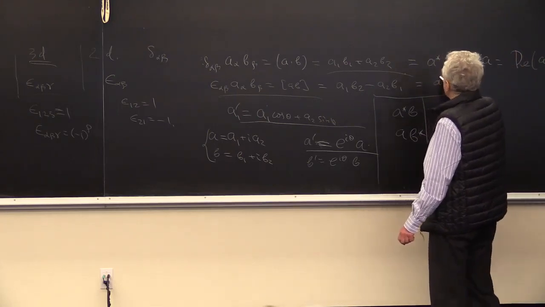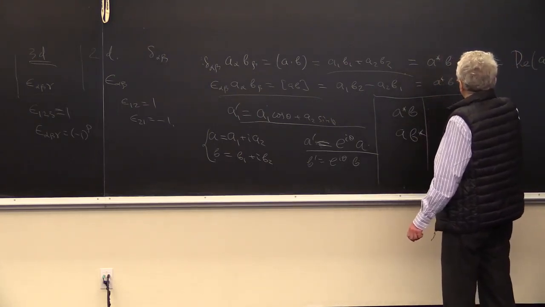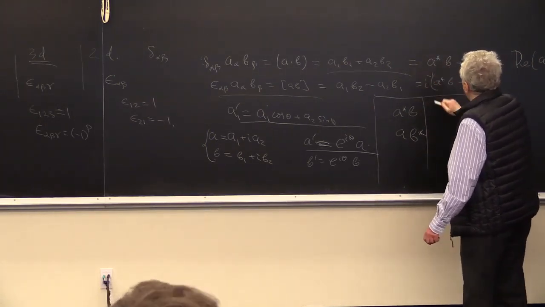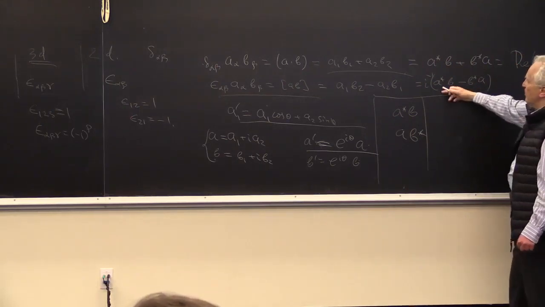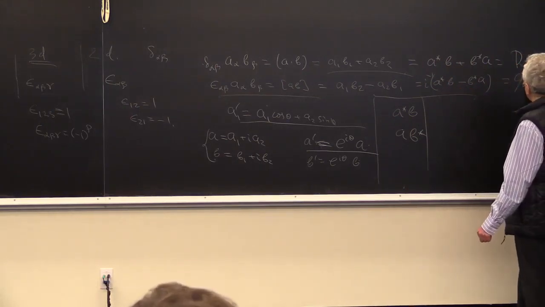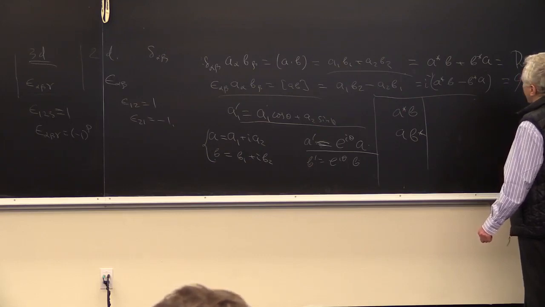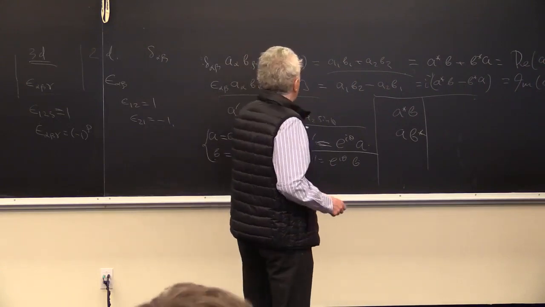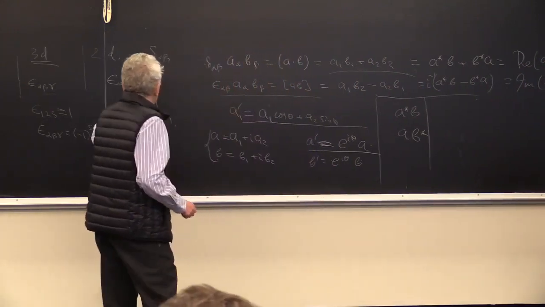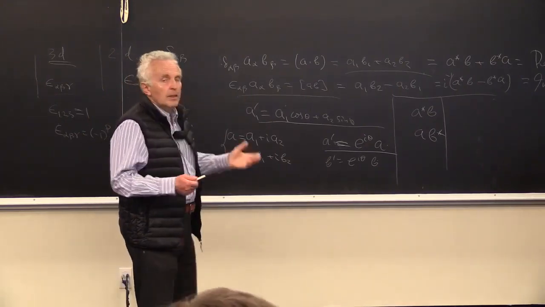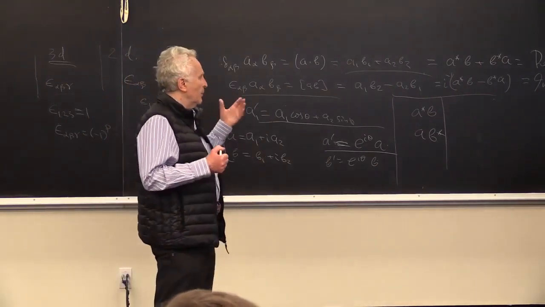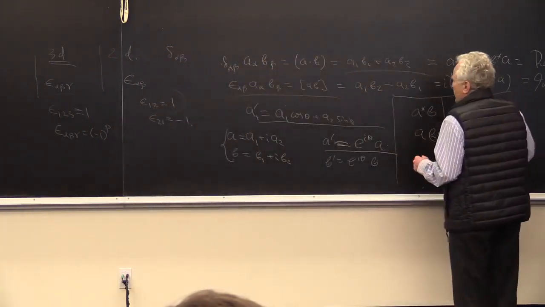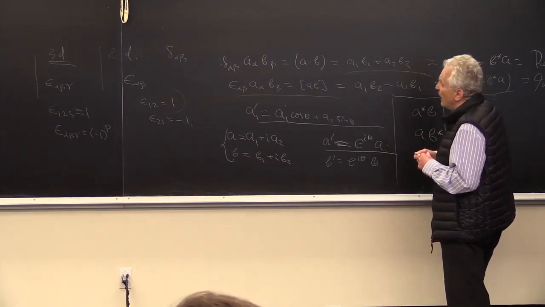This one we have to divide by I in order to make it real, so this is the imaginary part of AB. And more generally, the epsilon tensor is always just multiplication by I when you go to the complex notation.